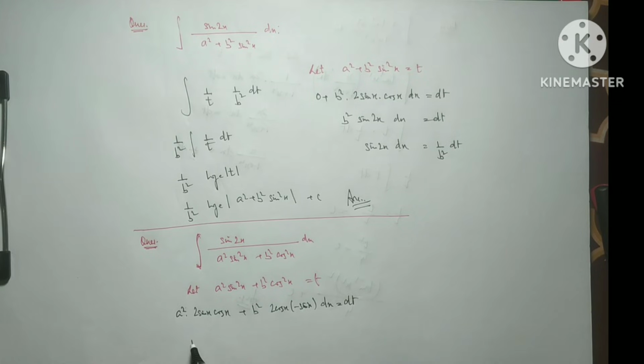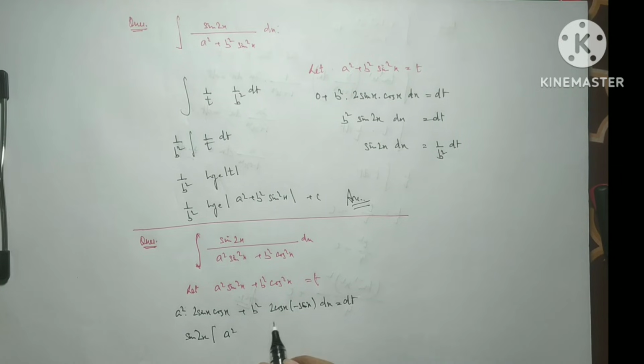On taking sin 2x common we have a square minus b square, dx and dt. So sin 2x dx equals 1 over a square minus b square dt.